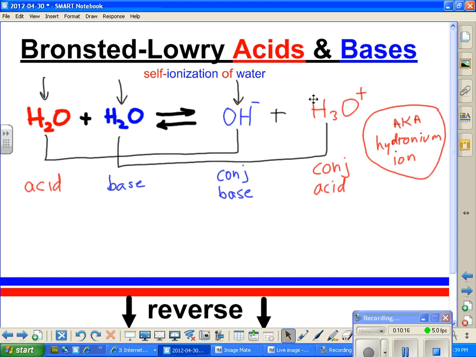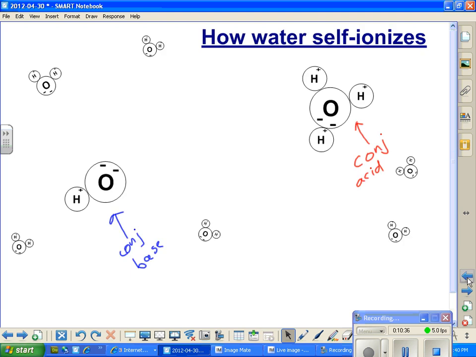There is no such thing as hydrogen ions except for a nanosecond. As soon as hydrogen ions leave a molecule, they grab onto water and become the hydronium ion. And let's look back here again at my little example. This one on the far right, we call the conjugate acid, has 3 hydrogens around it.